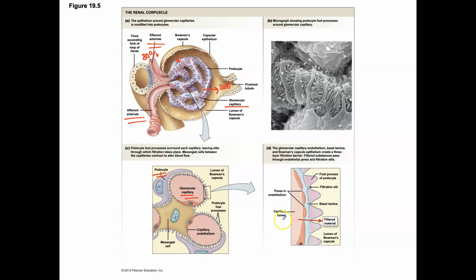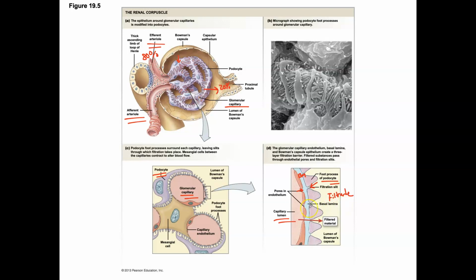What you see is there are pores or holes, if you will, in the capillaries, and there are filtration slits in the podocyte cells, and then this would be the basement membrane in between.